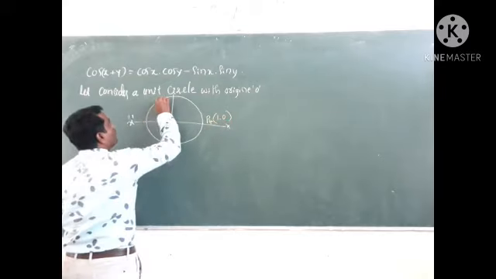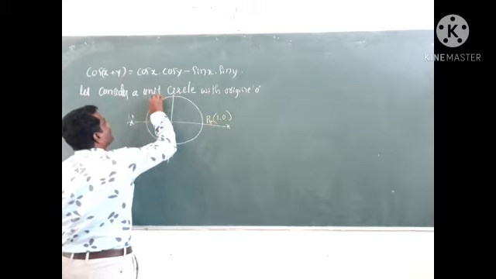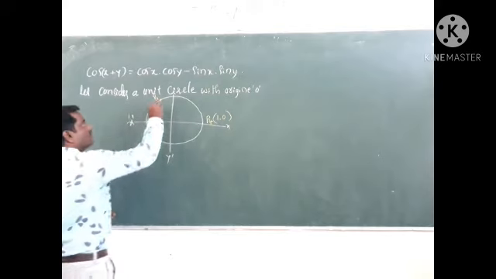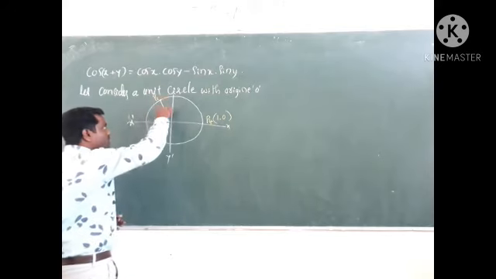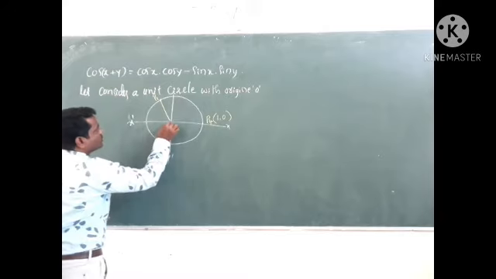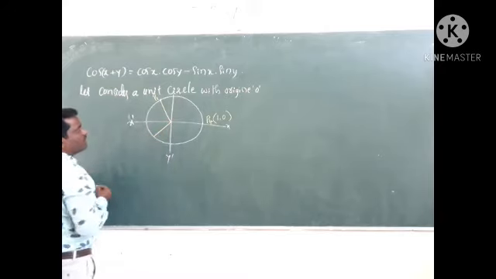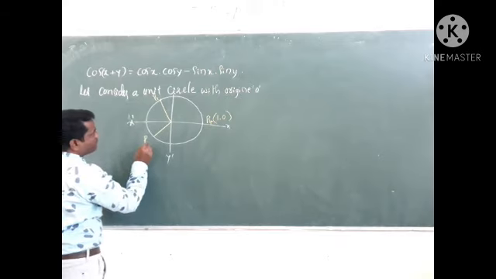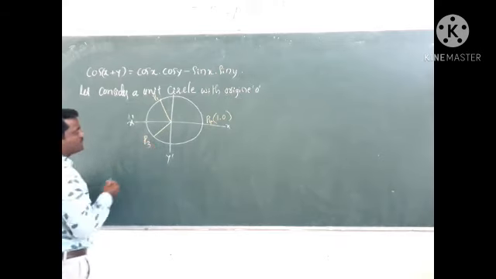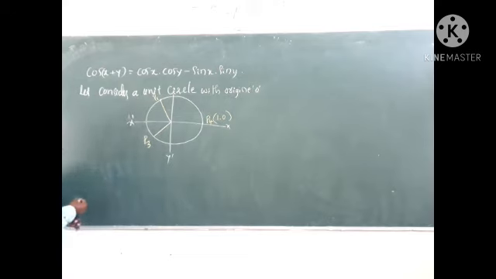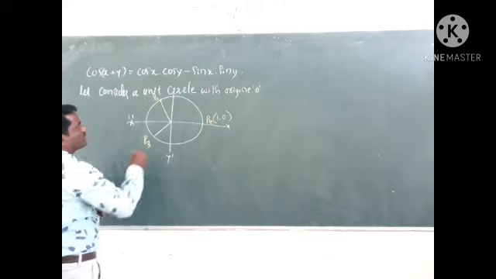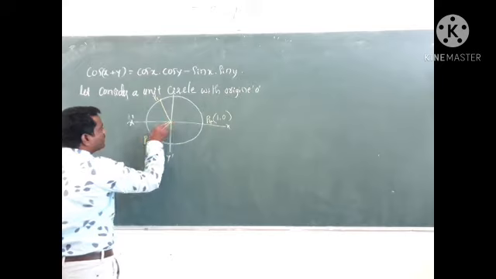And I am going to mark here also P1, which is at a distance from the origin, and I also draw a line with the point P2, and point P3, and I am going to draw one more line here.